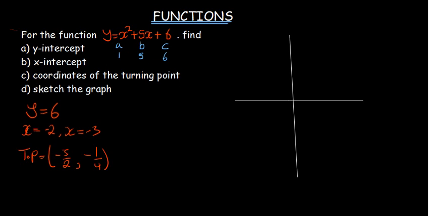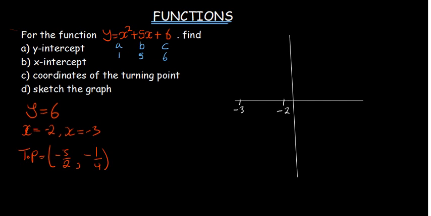The x-intercepts, we have what? We have these two. So both the x-intercepts are on the negative side. So what we have here is a minus 3, say minus 3 there. Okay. Then here we have a minus 2.